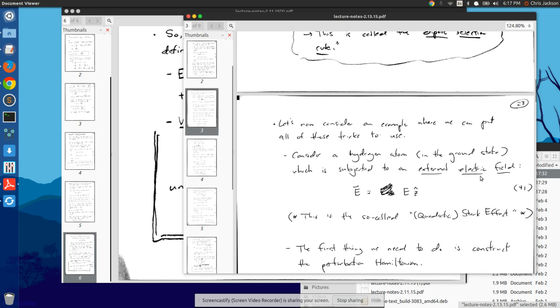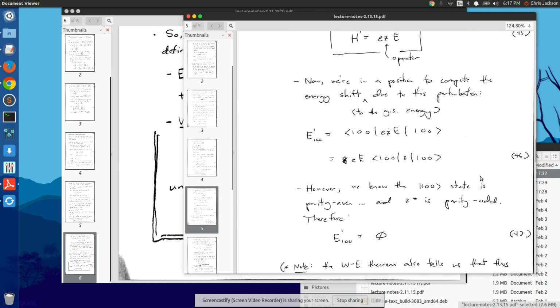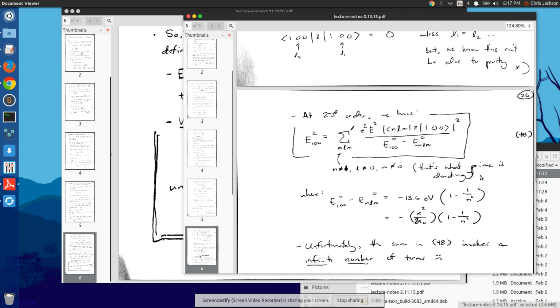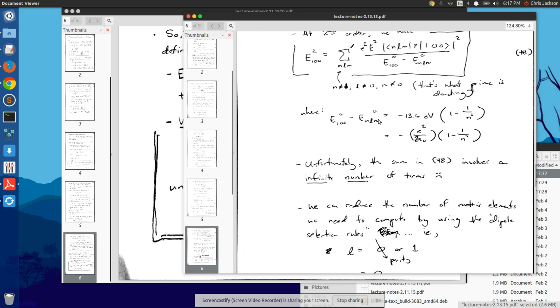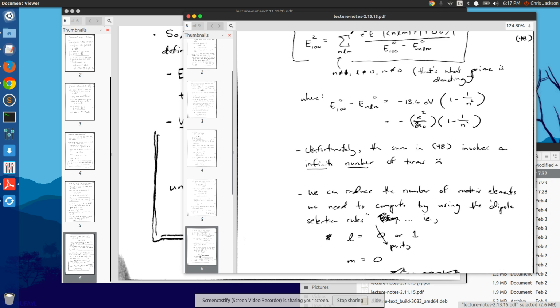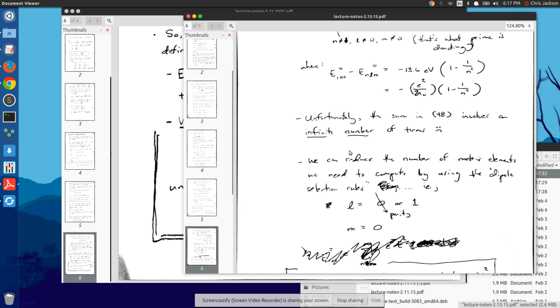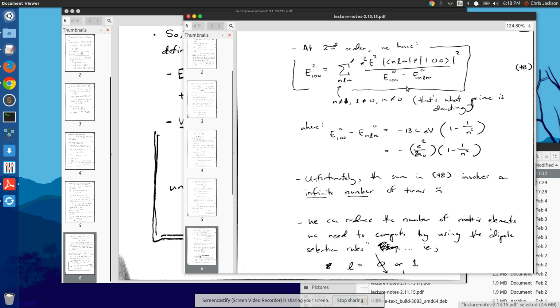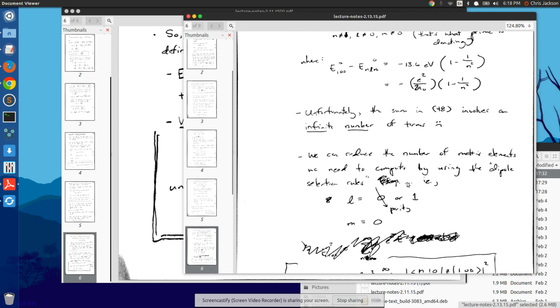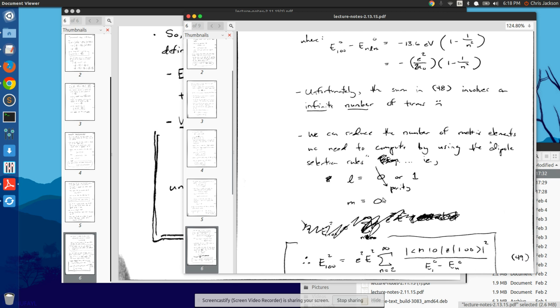So we have Z, which is going to impart angular momentum, and so L has to be this angular momentum plus or minus 1. So it's going to range from 0 to 1, but we know it can't be 0, because that state would be even parity, and we have an odd parity operator, the Z operator. That tells us that we can rule out any states that have L equals 0. So we now know that L has to equal 1 and M has to equal 0.